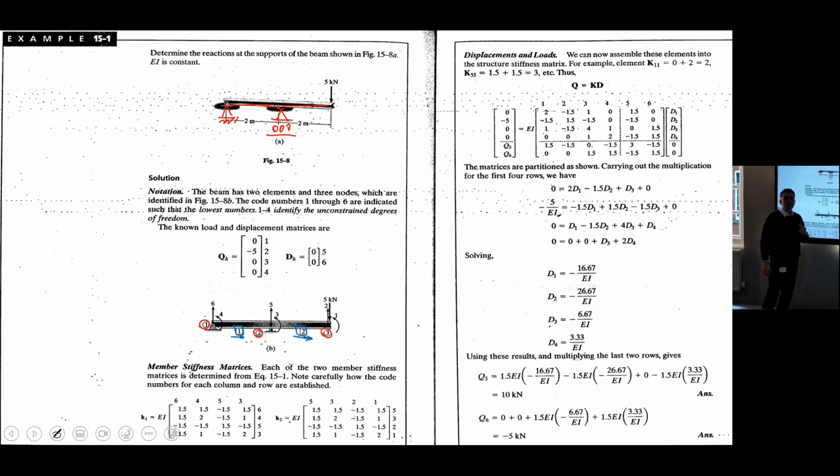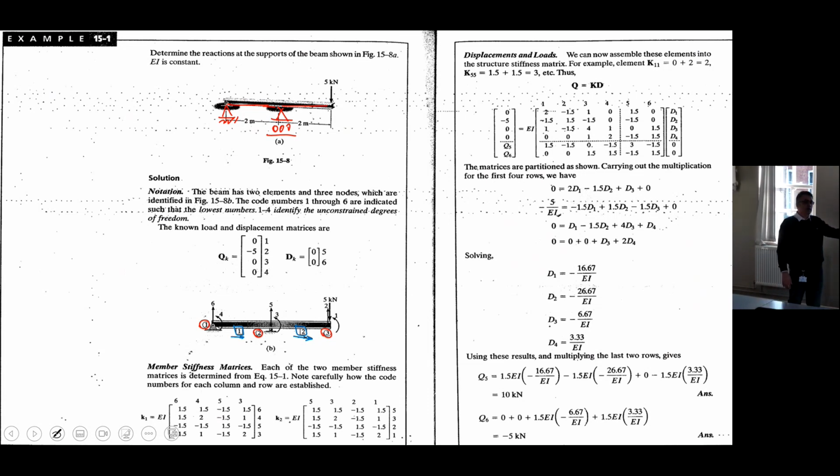Be careful which element you're talking about. When you're talking about this element, 2 is near end. When you're talking about this element, 2 is far end. Okay, one joint can be near end for one element, and can be far end for another. So those arrows show from near end going to the far end.